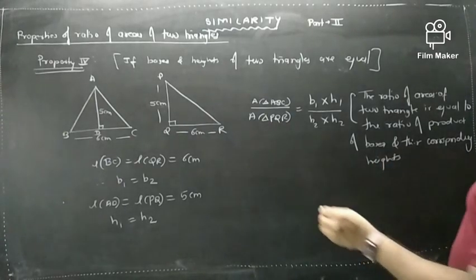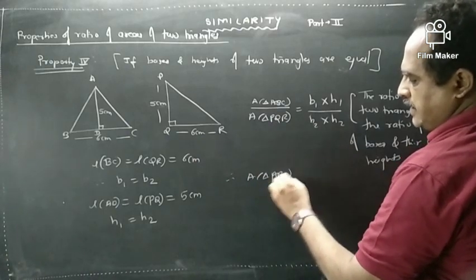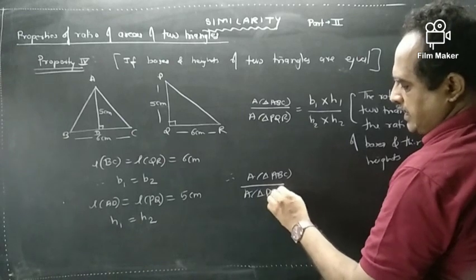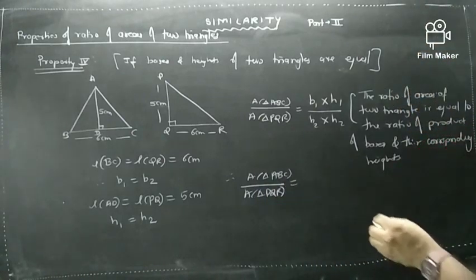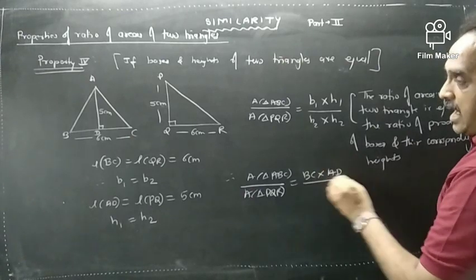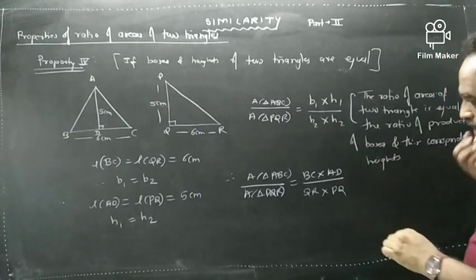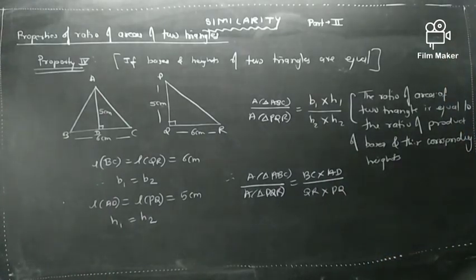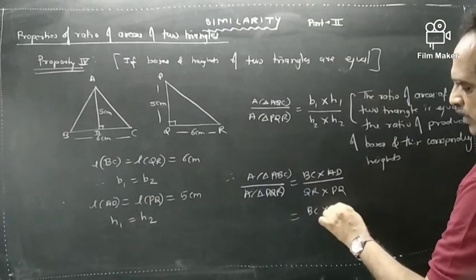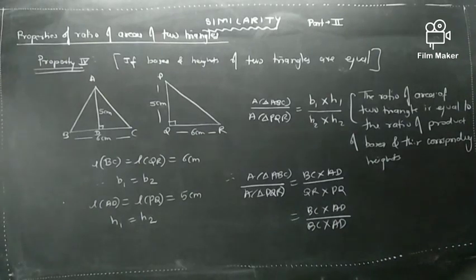So ultimately, area of triangle ABC upon area of triangle PQR is equal to 1/2 BC into AD upon 1/2 QR into PQ. But as we know, BC into AD upon BC into AD, the same will result.